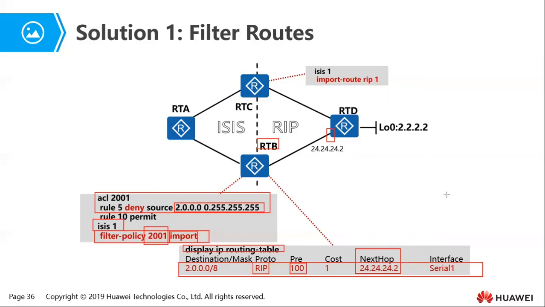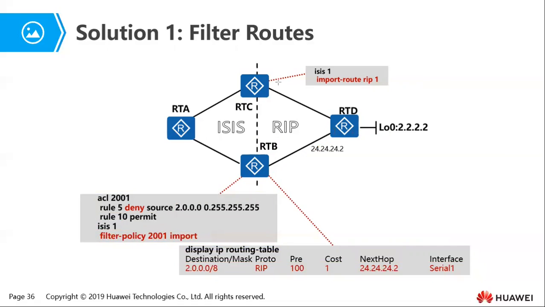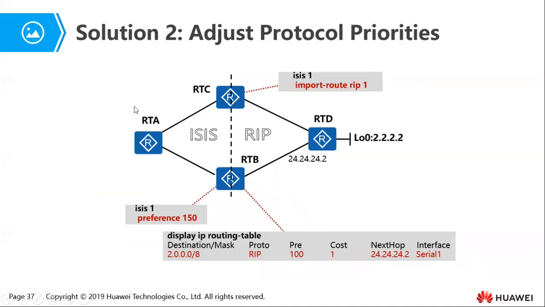So really, from now henceforth, due to that configuration, packets from RTB that are destined to this network are going to be forwarded to RTD. So I hope that is clear. That's one of the solutions that you can implement there.